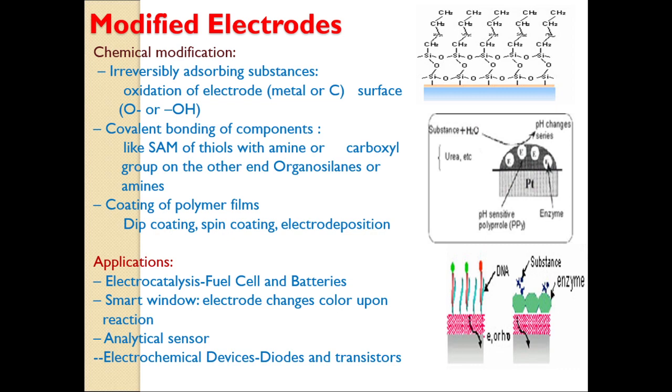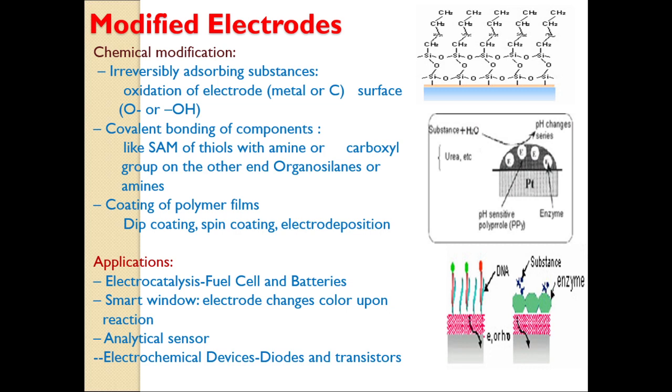Nowadays the research in electrochemistry needs the development of these electrodes to be modified, because there is a continuous development of newer chemical structures. Day by day new chemical structures get developed, and to study these new chemical structures there is a need to develop suitable electrodes.